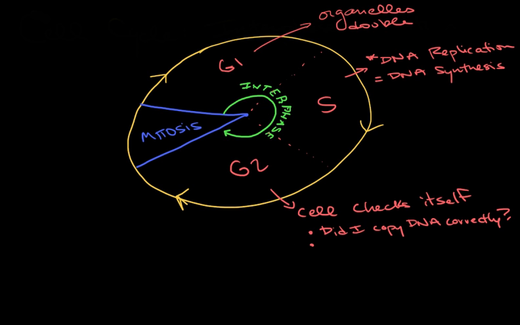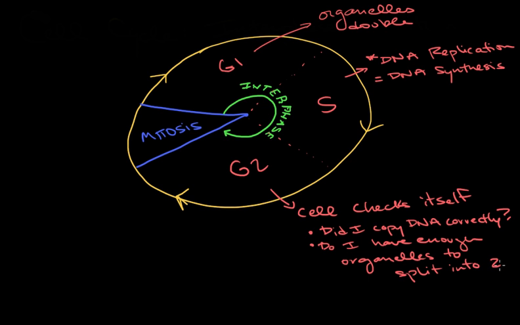But anyways, did I copy DNA correctly, and do I have enough organelles to split into two smaller cells? And if the answers to these two questions are yes, then the cell will continue around the cycle into mitosis. And that's what we're getting ready to talk about.